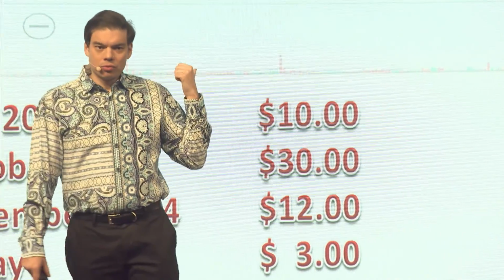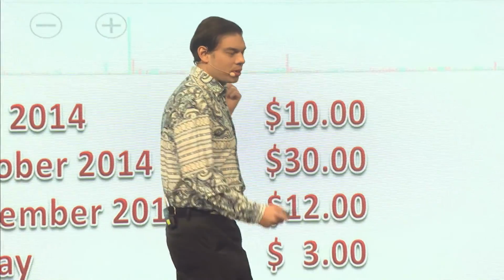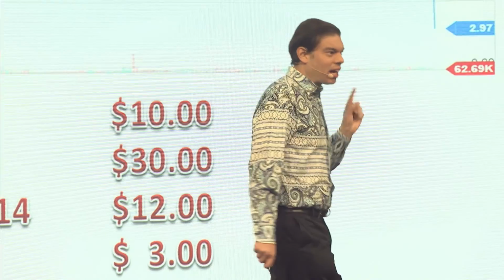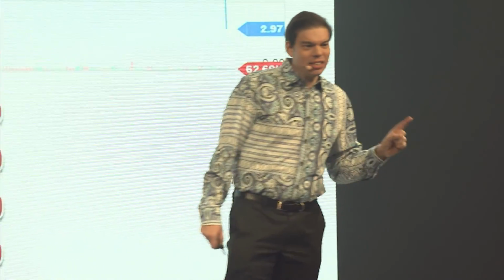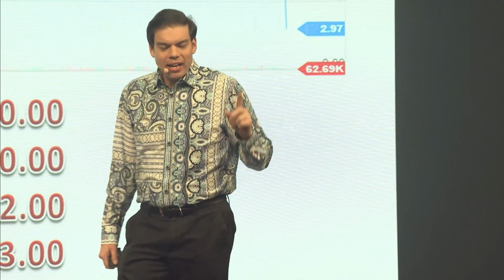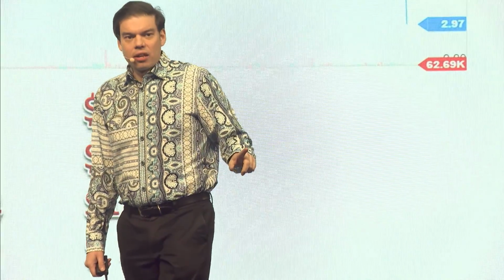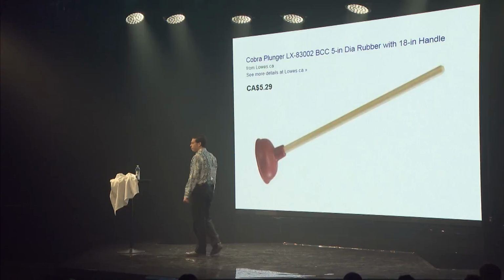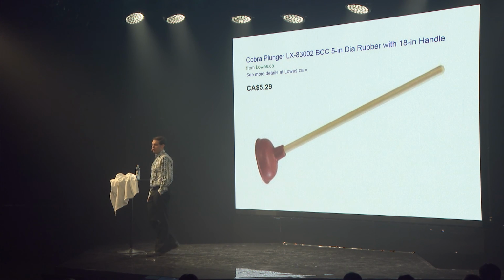And I looked at it just a few days ago, and it's at $3. Now, just to give you an idea of how important it means, you can actually buy a stock for less than it actually costs to buy a plunger. That is the problem with hype.